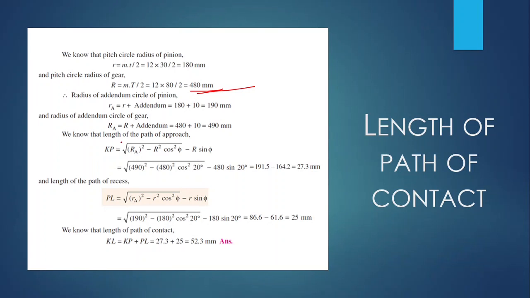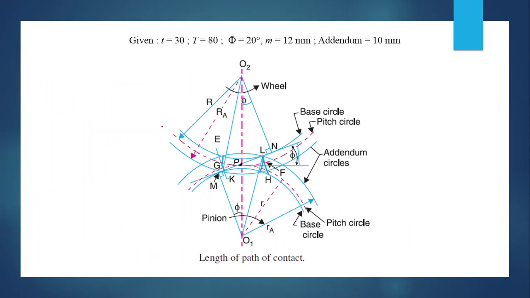Then the length of path of approach, we already derived this equation. Length of path of approach is equal to the distance PK. This point is the pitch point. The relative velocity of the gear teeth on wheel and pinion at this particular point is equal to 0. There is no relative velocity.